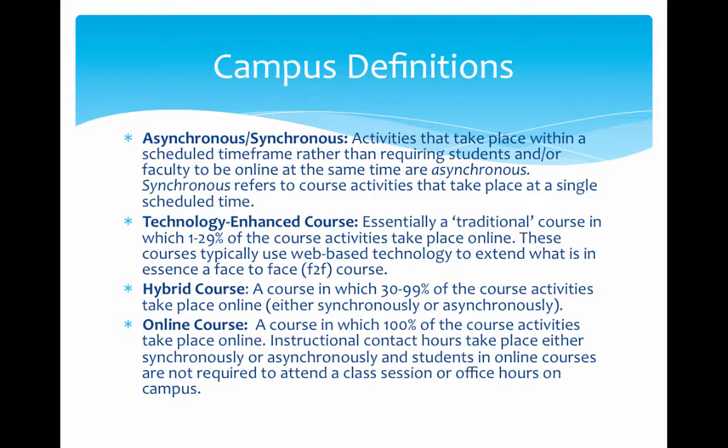Finally, at CSU Stanislaus, we consider an online course to be a course in which 100% of the course activities take place online. All instructional contact hours take place either synchronously or asynchronously, and students in online courses are not required to attend a class session or office hours on campus. The Gender Studies program currently offers as many as 8 course sections a semester in an online format.